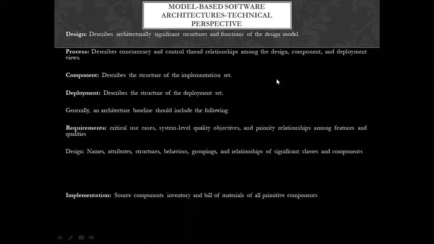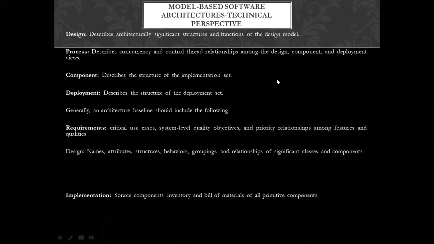So these UML diagrams can be utilized to make these architectures, and there are different views. For the design view, you just work on classes and objects. In the process view, you show the relationship between the components and how the communication is happening. For the component view, you work on component diagrams.